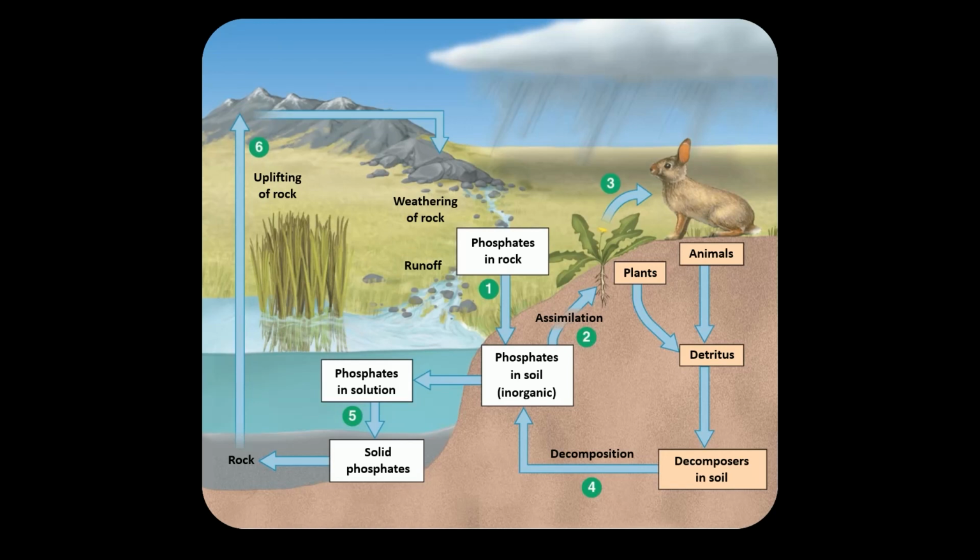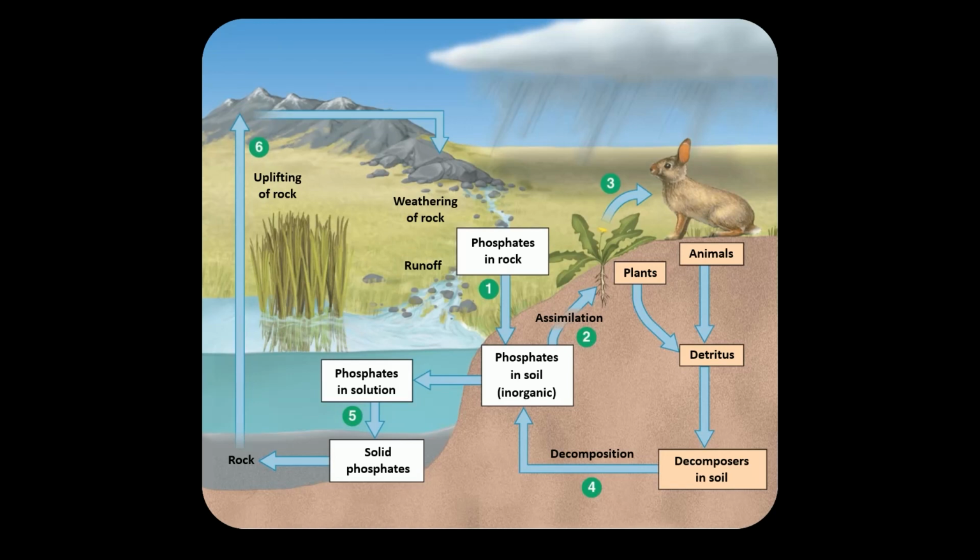But at some point, it will be in the soil, and there's a chance that it will get eroded away or get picked up by surface runoff of water and end up in a river, a stream, and move out into the ocean, where it'll be deposited on the ocean floor. And that molecule of phosphate will essentially become lost to ecosystems until it becomes available again through some long-term geological process.